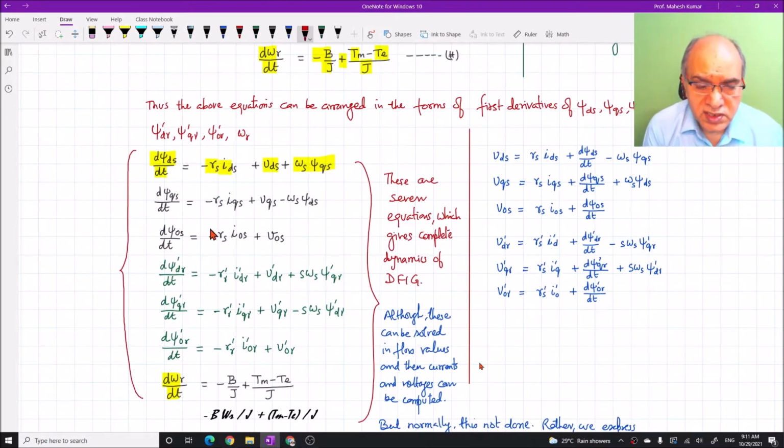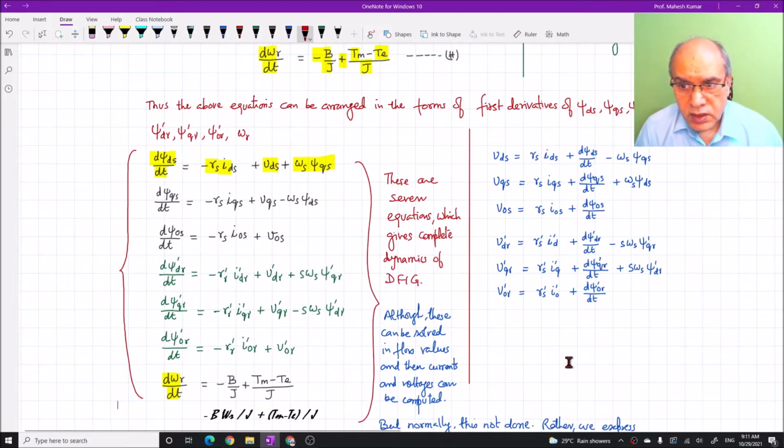These are the equations arranged in the first order derivatives of the flux linkages. And the last equation is about the dynamics of the generator, d omega r by dt, which is equal to minus B by J omega r plus Tm minus Te by J. So these equations have been transformed into this set of equations.